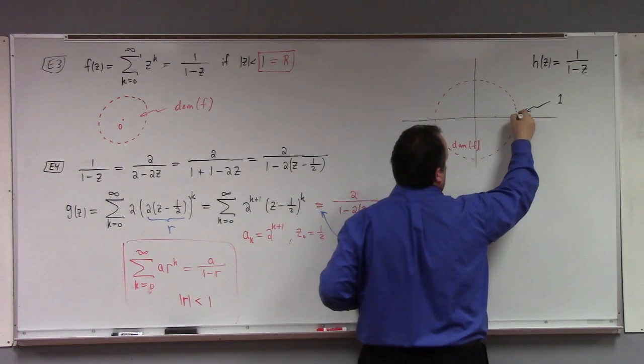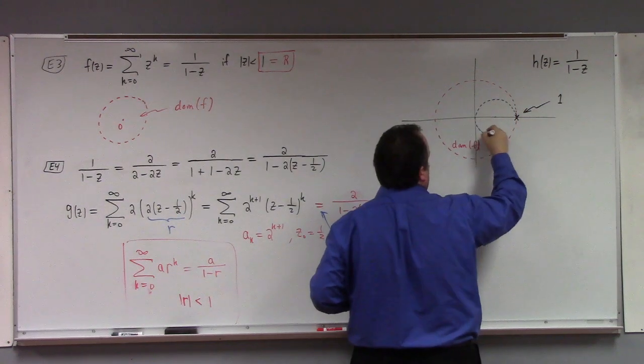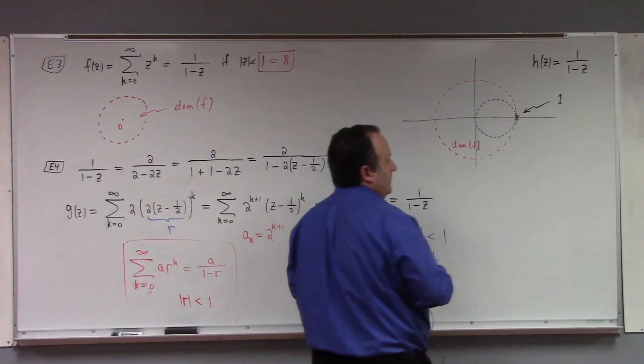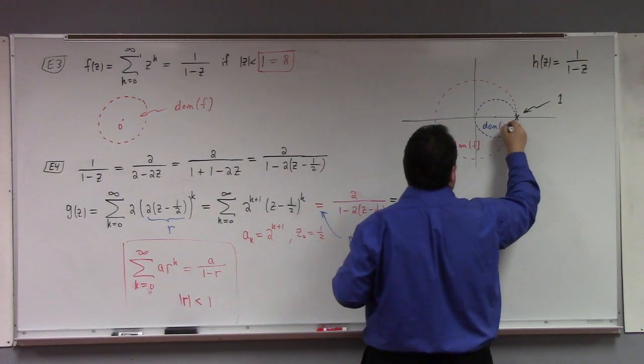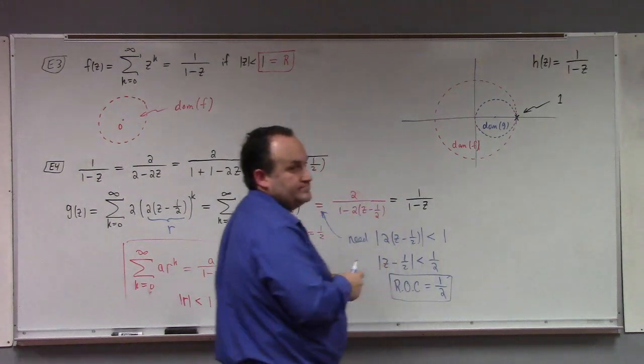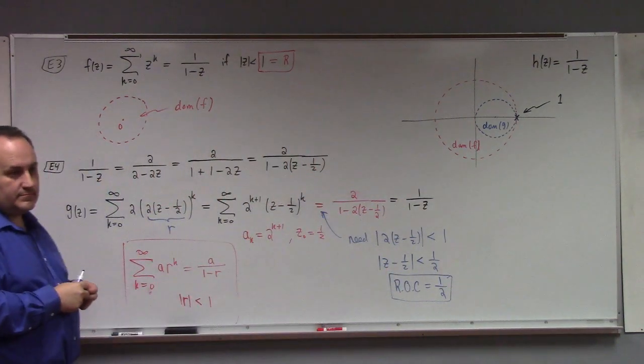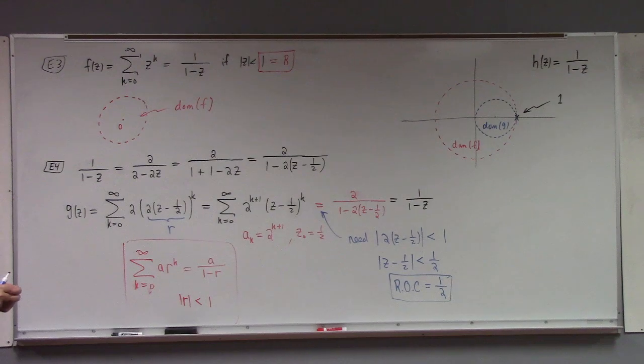So what happened? That's the domain of g. All right, so we have to make a distinction. I know it's a little bit subtle, but there has to be a distinction made between the power series and sometimes the function it represents, right?